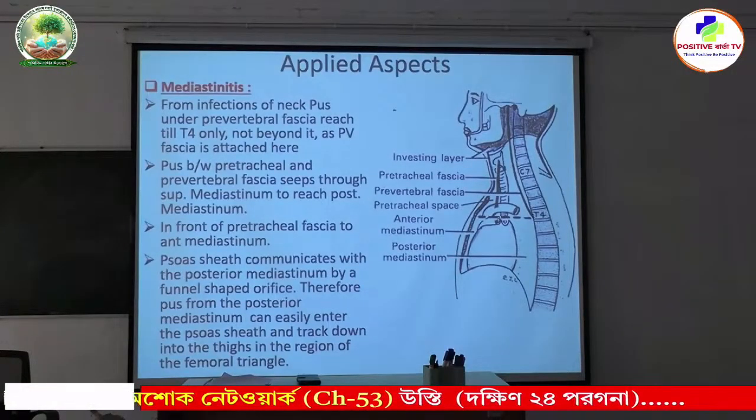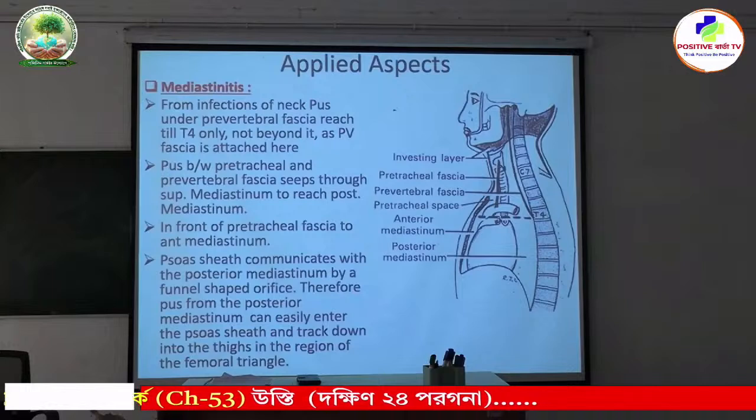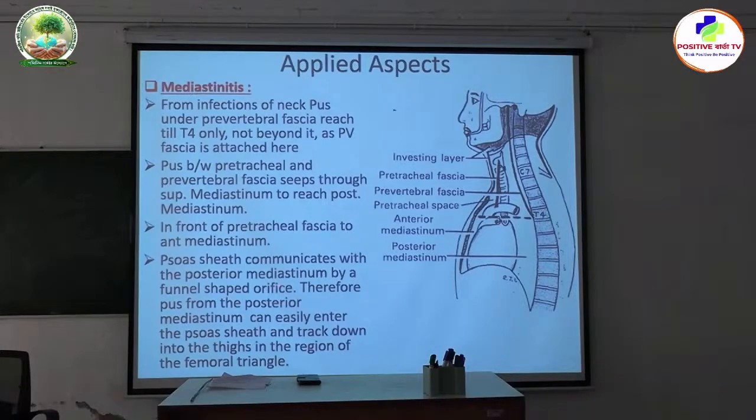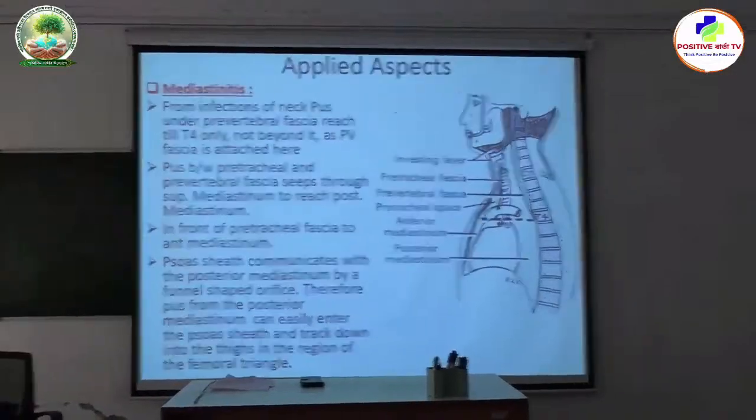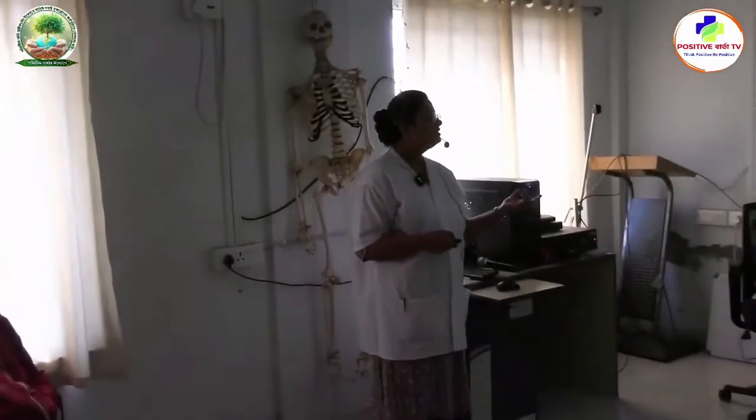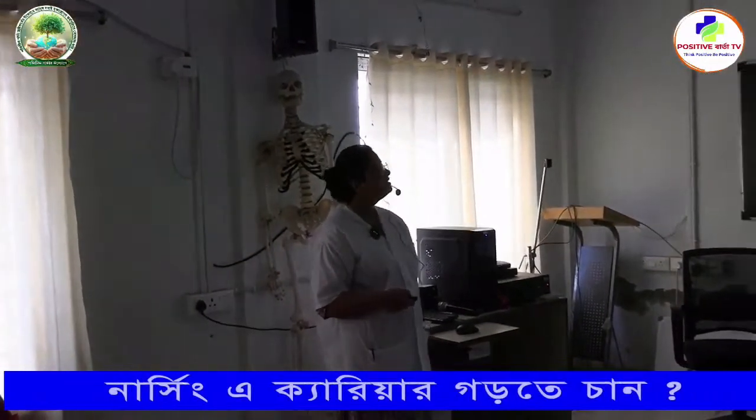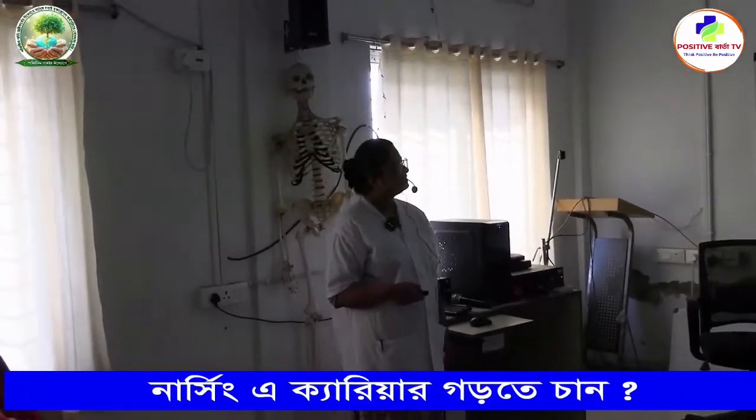And psoas sheath communicates with the posterior mediastinum. Psoas major is a muscle in the posterior wall of the abdomen. Okay, so in front of the psoas, it is covered by deep fossal covering that is known as psoas sheath. So this psoas sheath communicates with the posterior mediastinum by a funnel shaped orifice.